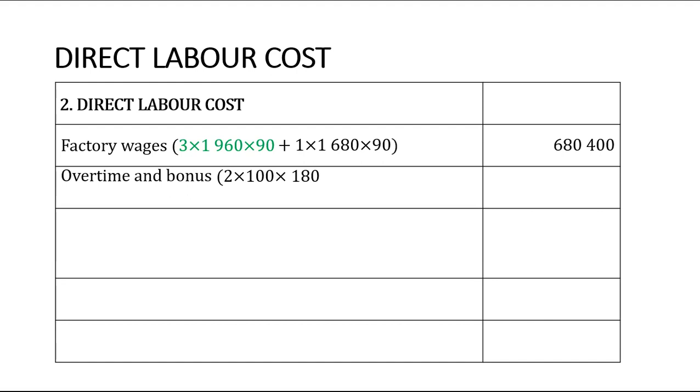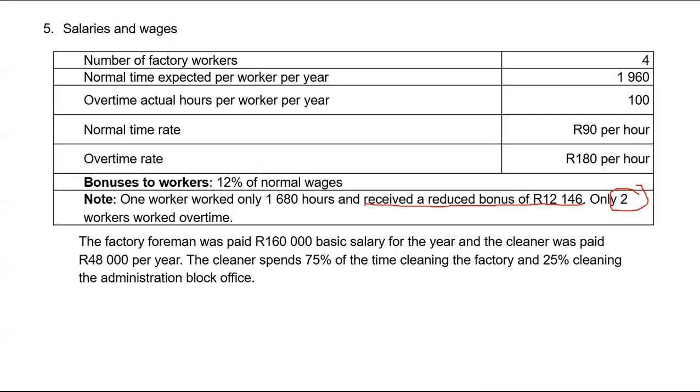For bonuses, please note that they said it is an extra cost to the company. It makes sense for us to add bonuses to our direct labor cost. And for bonuses, they said it'll be 12% of normal wages. What we know is that we've got 4 workers, but one of those workers got a reduced bonus of 12,146.